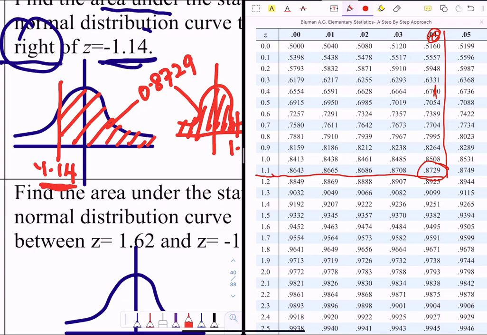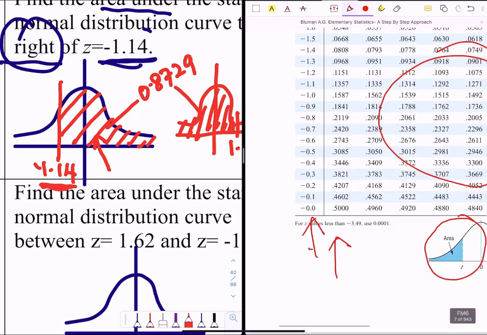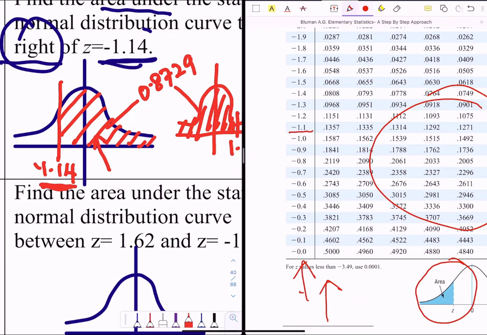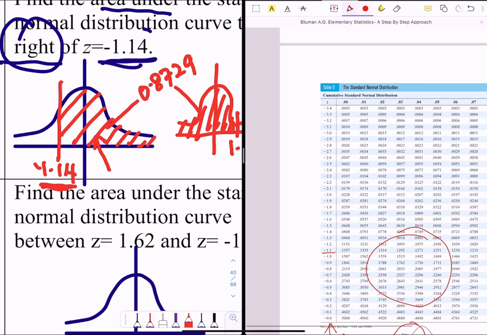Dia mesti above 0.5. Jadi kalau kamu tengok kat sini, dia dah lebih daripada separuh. Dia more than half. That means when they are more than half, they are more than 0.5. They cannot be a value below 0.5. Tapi kalau kamu guna table yang atas ni, kamu cari negatif 1.14, kamu dapat 0.1271.